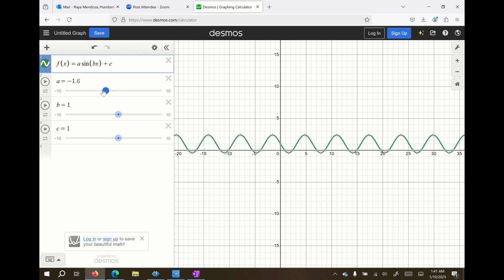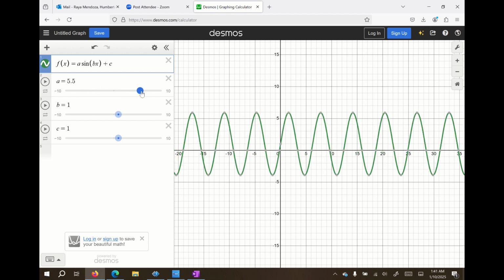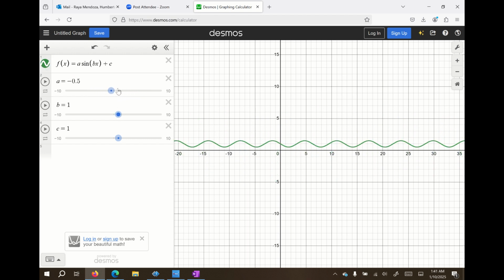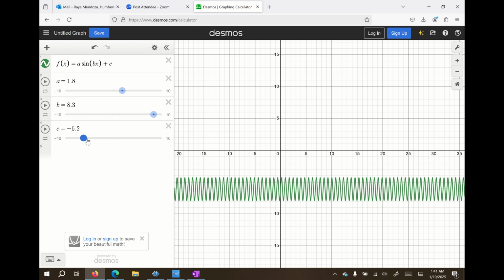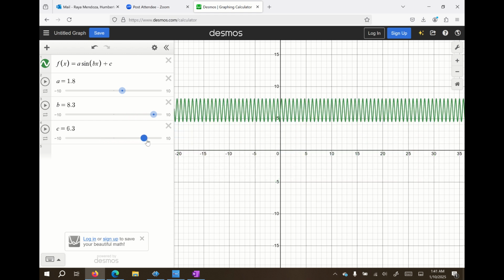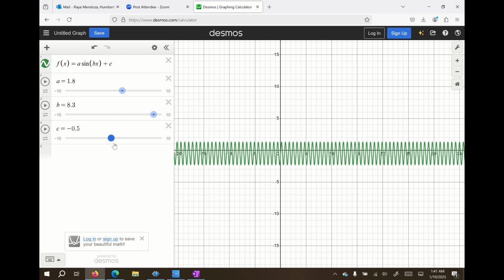So these sliders are going to allow us to analyze these different functions really quickly and double check or troubleshoot some of the problems we might come across.